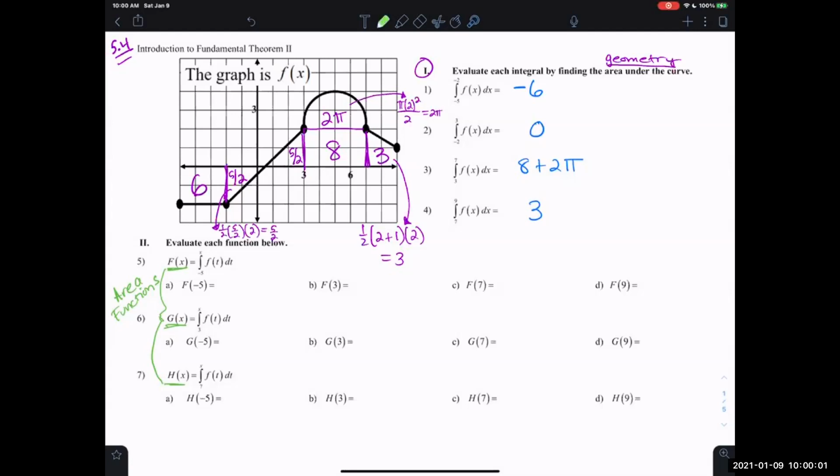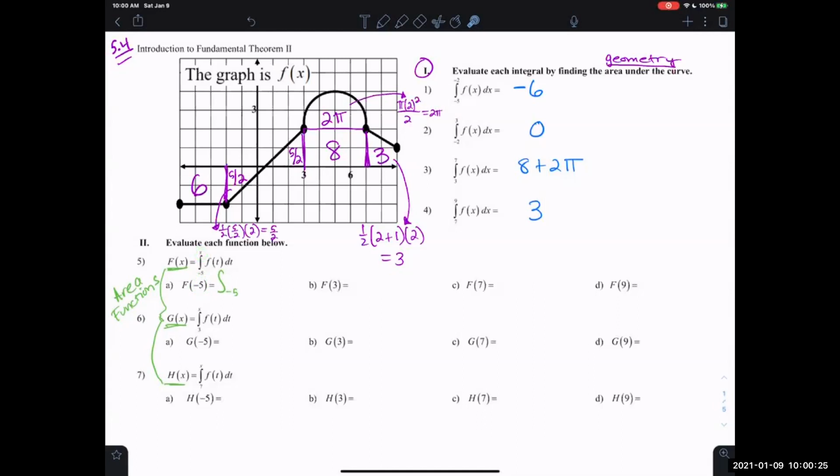The first thing I want to do is set up my integral. When it says we're going from -5 to x, f of t dt, what we're plugging in for the x value is what's in the parentheses, our function notation for that antiderivative.